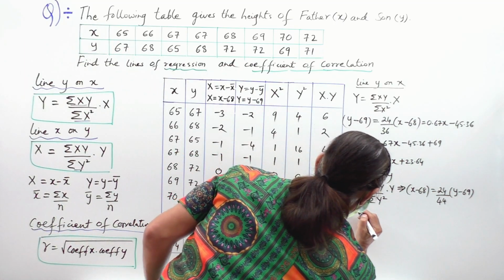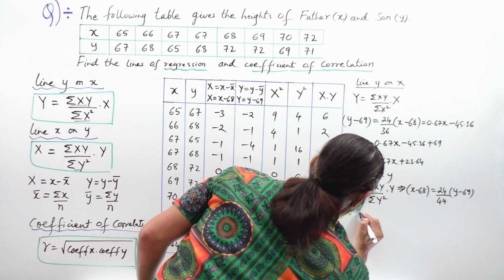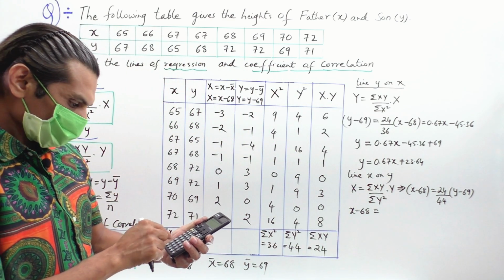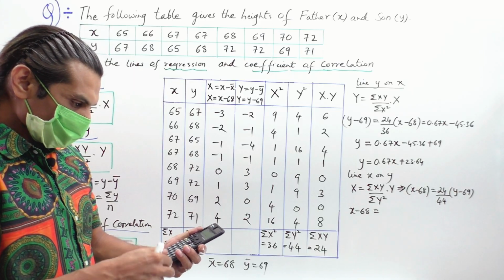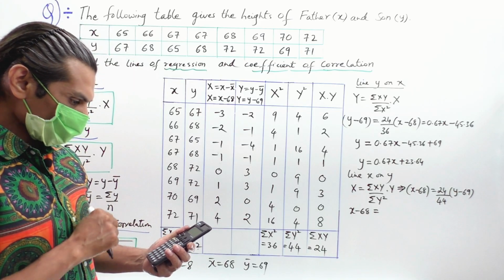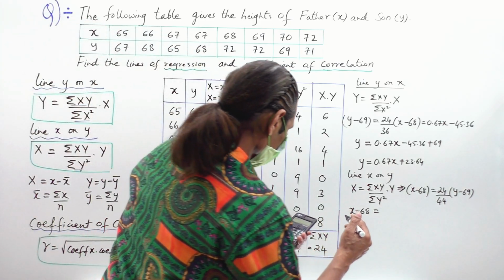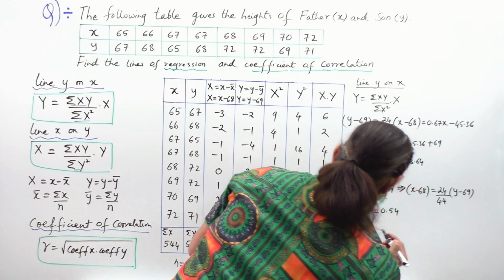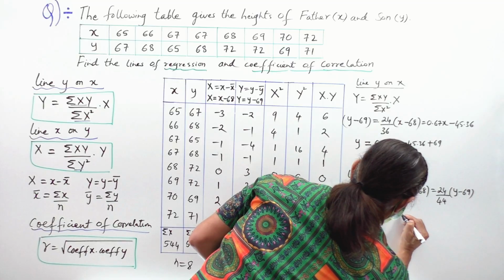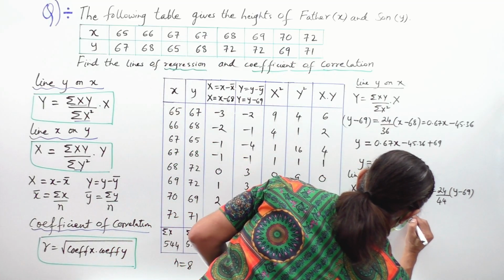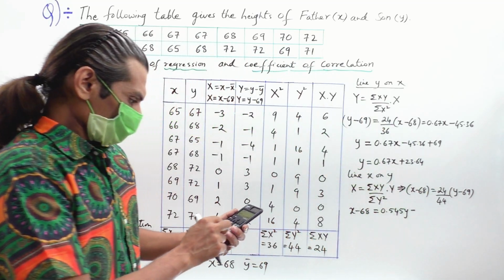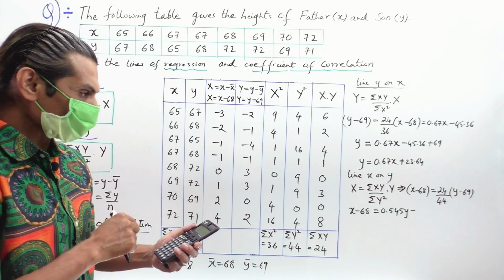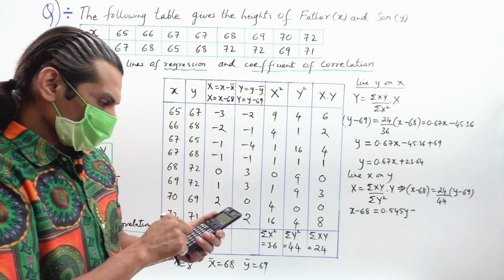So I solve this using the calculator here. x minus 68 equals 24 divided by 44, which is 6, well, that is shift equals 0.545y minus, so 0.545 into 69, open the bracket.